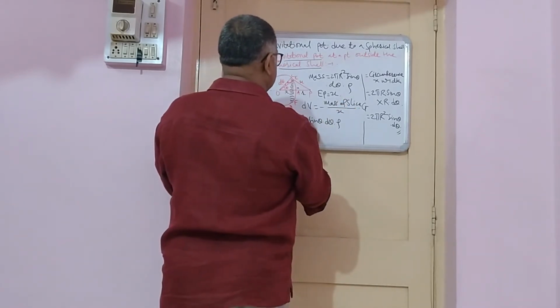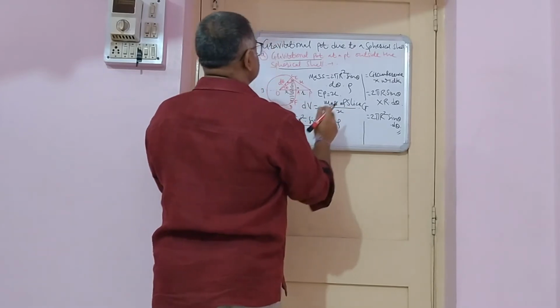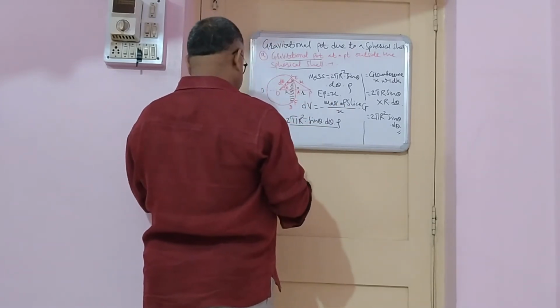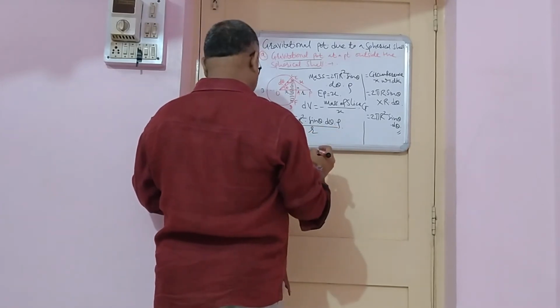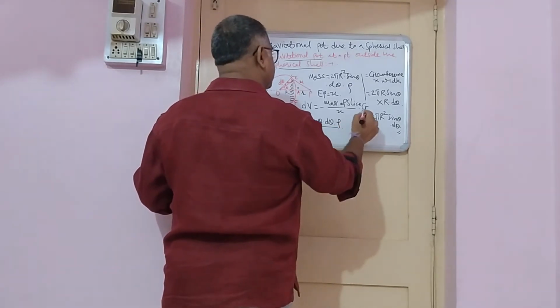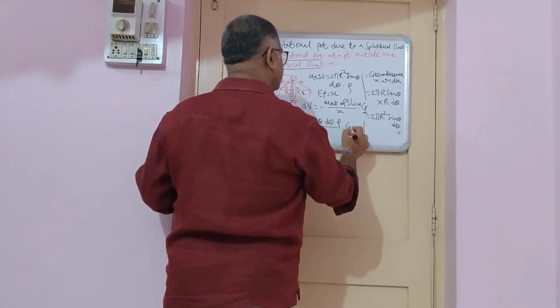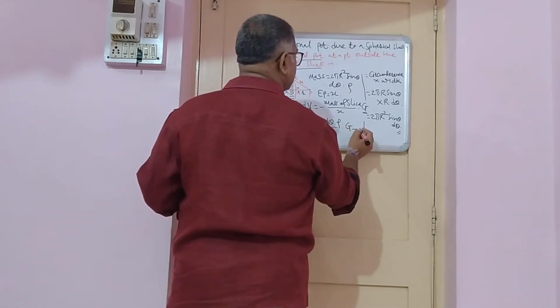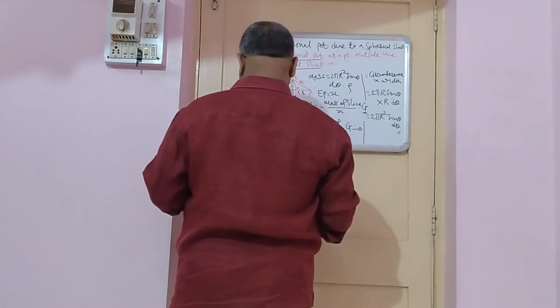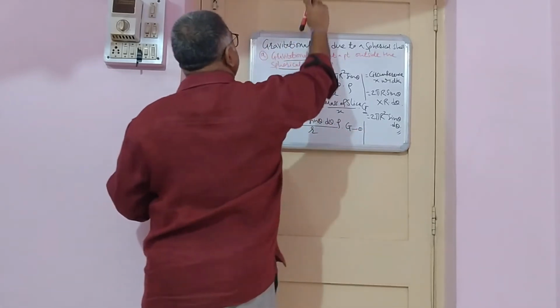Then see, x is the distance, and what is the x here? Here r is the x, multiplied by this factor, that is a z.